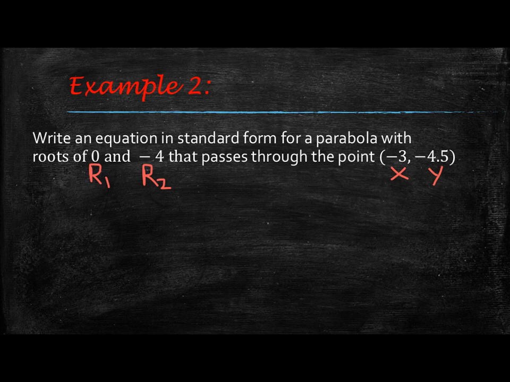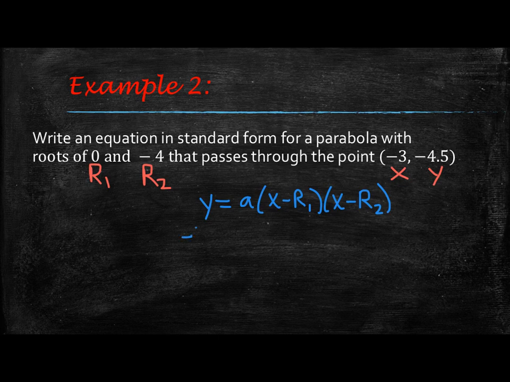Okay, so intercept form looks like this: y equals a times (x minus r1) times (x minus r2). Let's plug in this information.